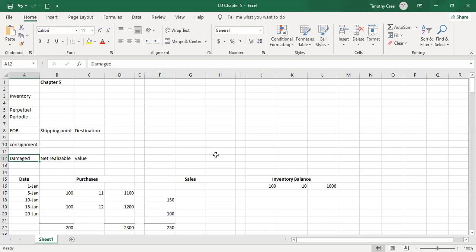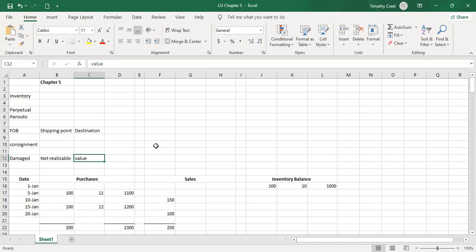Also, one other thing, damaged inventory is basically sold at net realizable value. What that means is that if inventory is damaged, it's going to be marked down to whatever it's worth. So say someone was selling a refrigerator, and it was worth about $1,000, and they were going to sell it for $1,000.